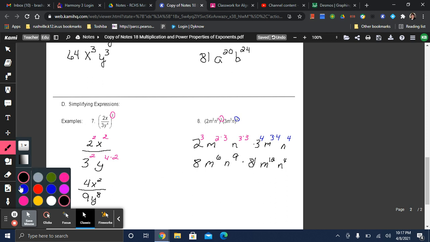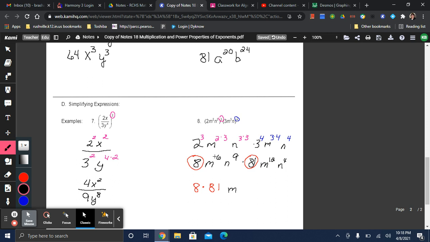Now, what we'll do is multiply together the coefficients 8 and 81. So 8 will multiply by 81. Then for your bases that are the same, for the m's, these exponents will add. So we'll add together the 6 and the 12 for the m. And then for the n, we'll add together those exponents.